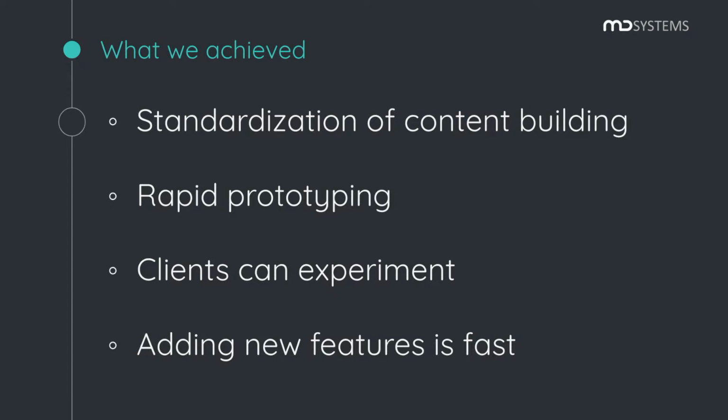Second thing is rapid prototyping. What does it mean? That means that we can really very easily, in like 1 hour, install a new instance for the client with some demo content. And then based on their input, we can, like in a couple of hours or a day or two, build a test instance for them.